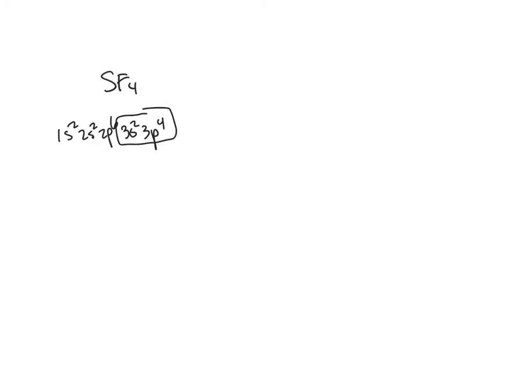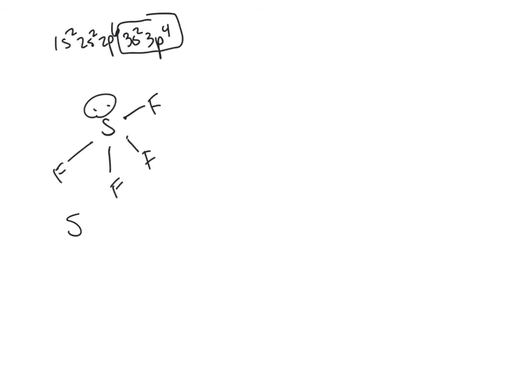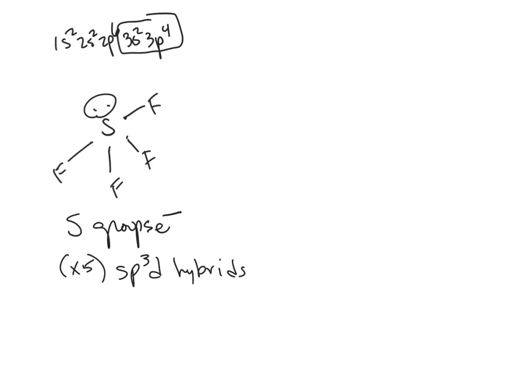Okay, so there's 6 electrons in the valence shell. 1, 2, 3, 4, 5, 6. Put your fluorine bonds as close together as possible. And then there's this lone pair. So there's 5 groups of electrons. Therefore, you're going to need 5 sp3d hybrids. And one of them will be a lone pair.